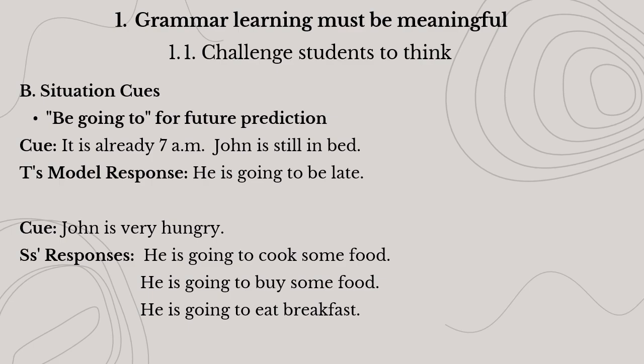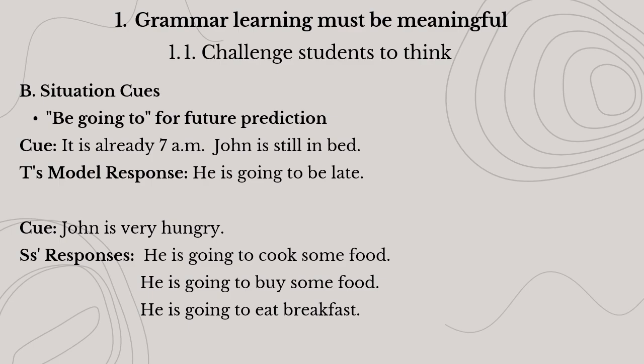It's not about asking them to produce the correct response, but it's about challenging them to think of a response using the target grammar be going to for prediction, while allowing them to have the opportunity to actually predict a situation based on your cues.